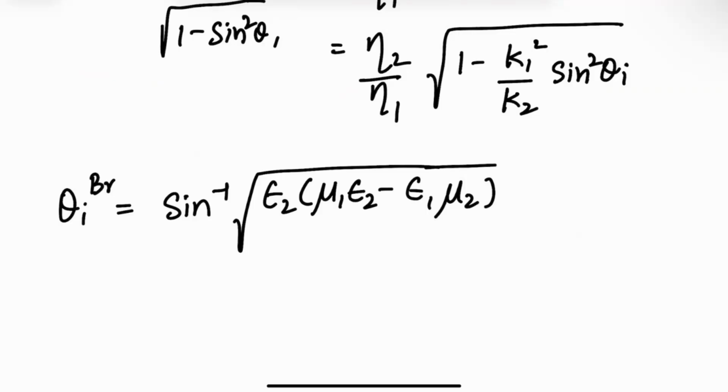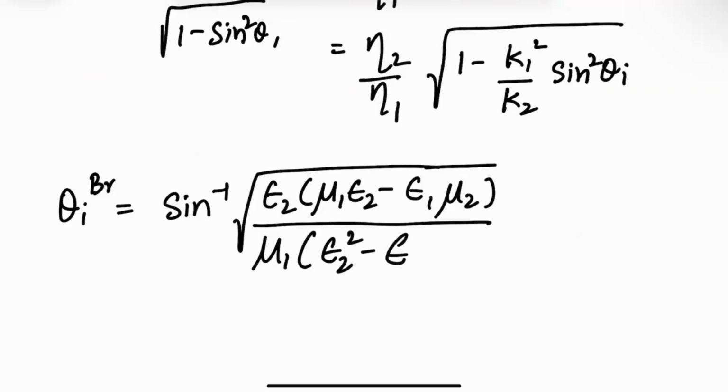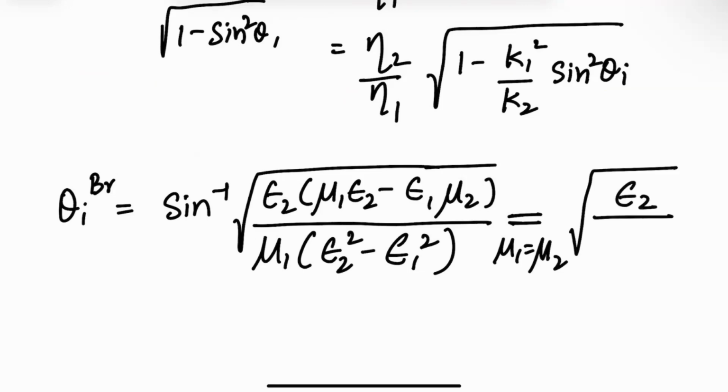So if I put those terms in, I get this expression, mu 1 times epsilon 2 square minus epsilon 1 square. Again, in a non-magnetic medium where mu 1 is equal to mu 2, this becomes square root of epsilon 2 over epsilon 1 plus epsilon 2.